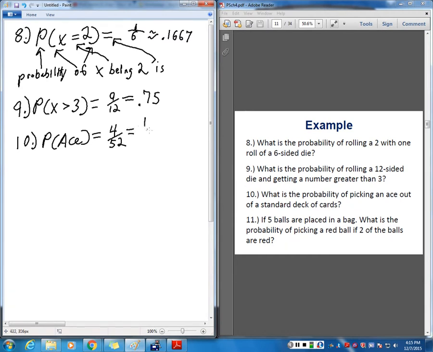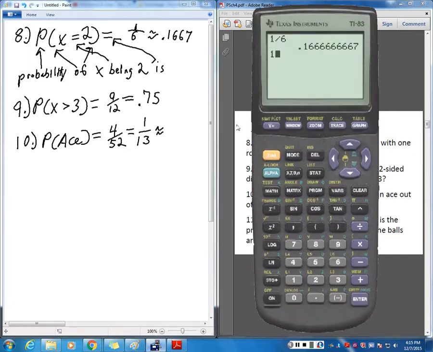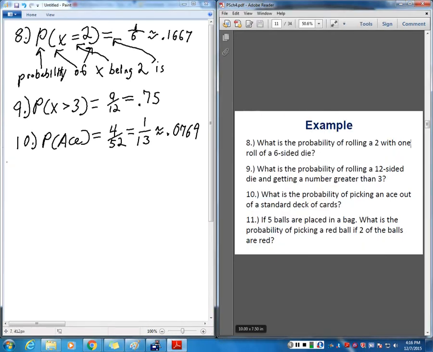If I reduce that, I get 1/13, or as a decimal, 0.0769 is my answer. That's about an 8% chance. Generally, we leave probabilities in this course in decimal form. We don't convert to percentages.